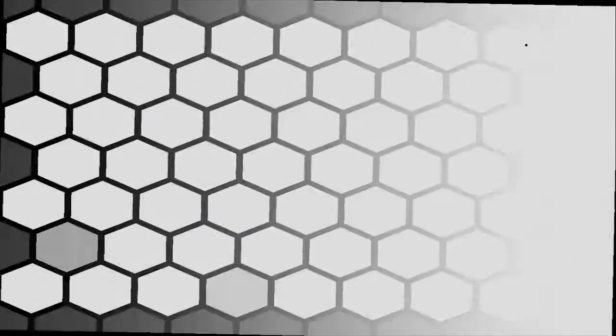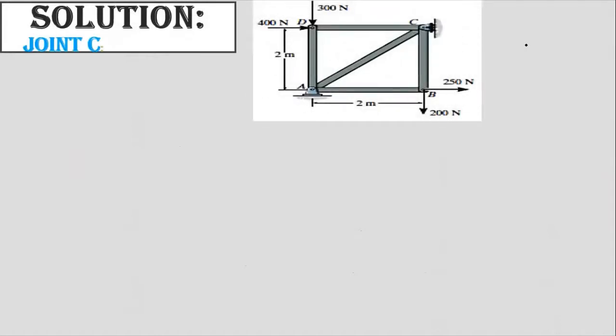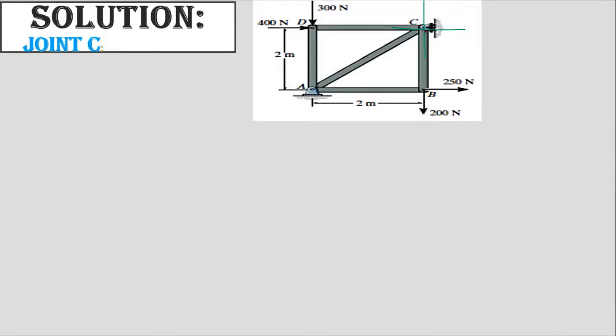I have taken joint C here. At joint C, I have already discussed how many member forces are at joint C. If you can see, I am drawing the member forces here in red color.